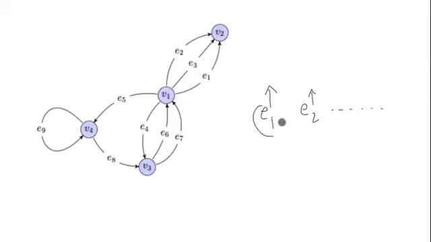These might be basis vectors, that's what we're going to be thinking of edges as. So we're going to be thinking of a vector space E that has dimension 9. You could think of it as R9, if you're thinking about scalars as being reals. So you have a 9-dimensional vector space made up of basis vectors, which are just the edges, and then of course you can take any linear combination of them.